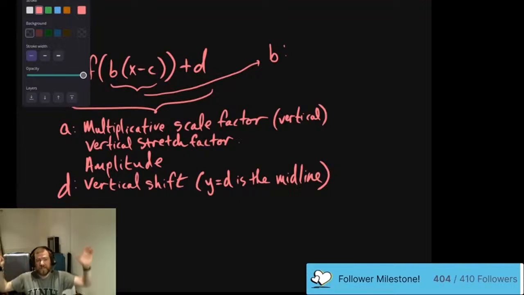So in either case, it's taking the stuff that's out here and essentially halving the distance until we get to that point. So in this particular case, if we use a large value for b, we're going to cut the distance by that factor. So this is a multiplicative scale factor in the horizontal direction, and in this case we're doing a horizontal compression.